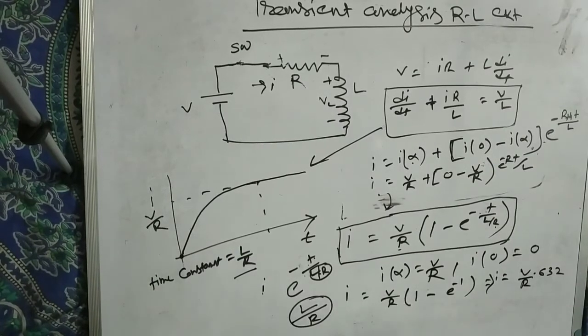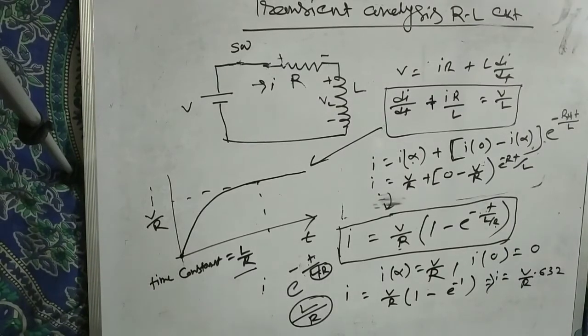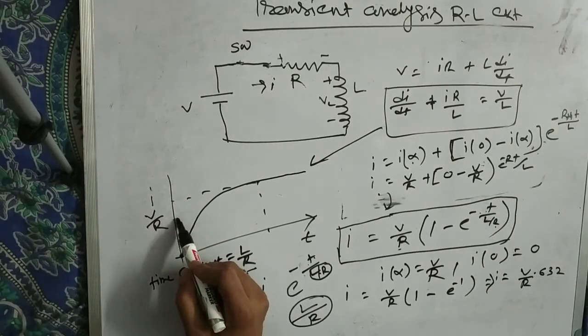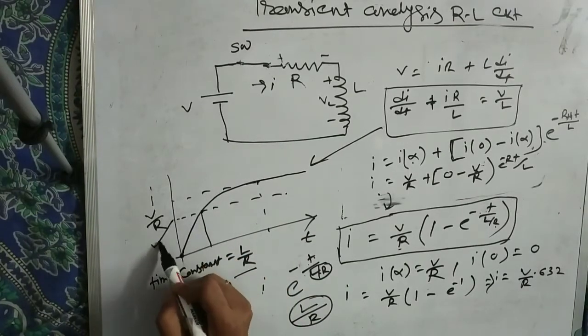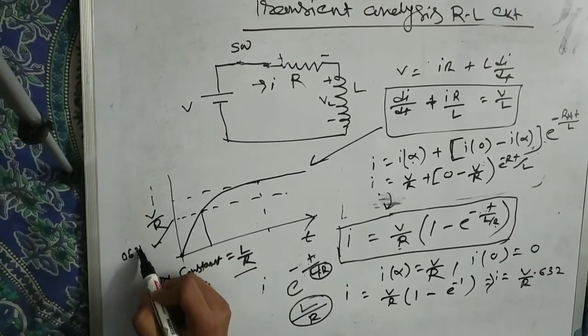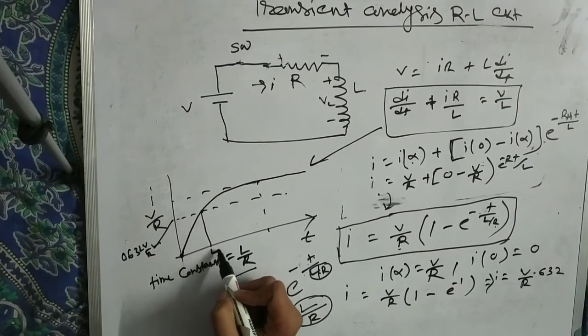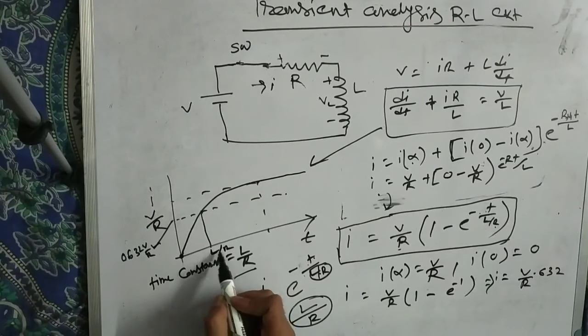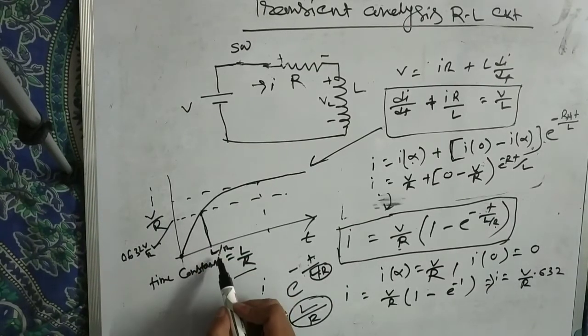So if anyone asks what is time constant: to reach 63.2% of its steady state value, how much time is required? This is called time constant. This point is 0.632 V by R, and this is L by R time.